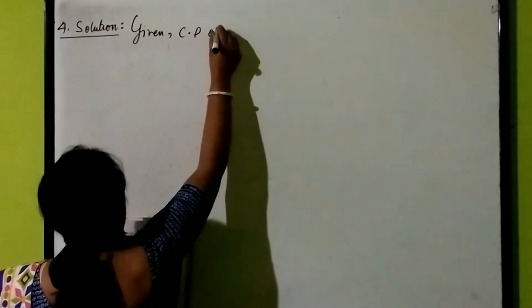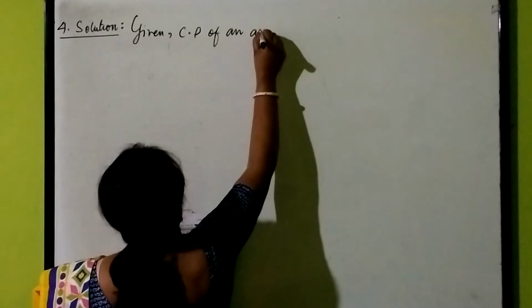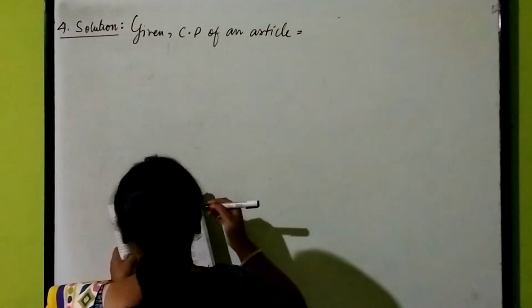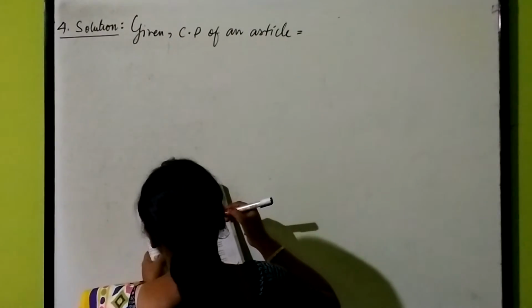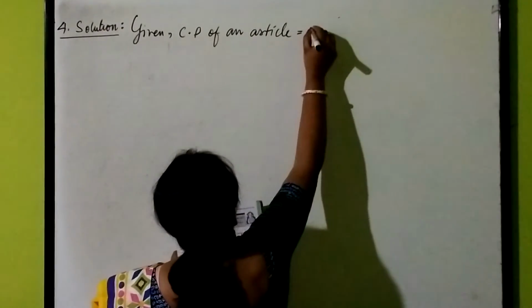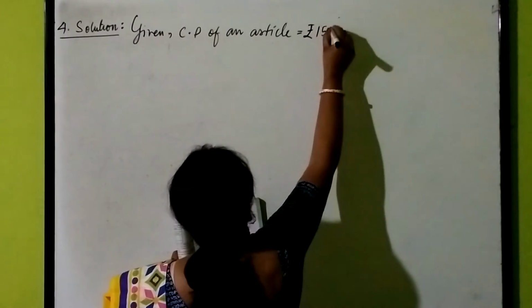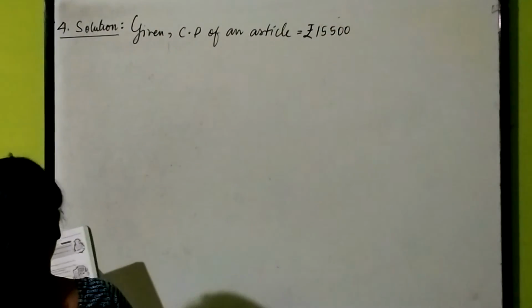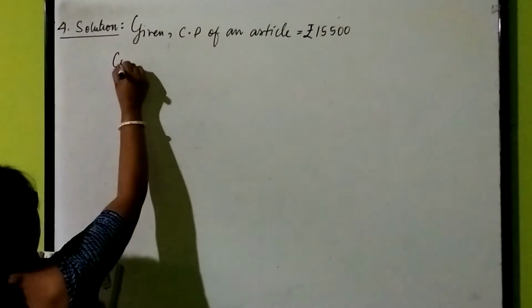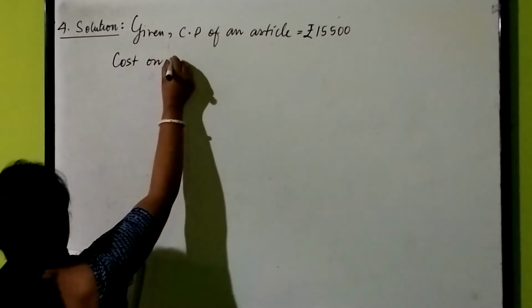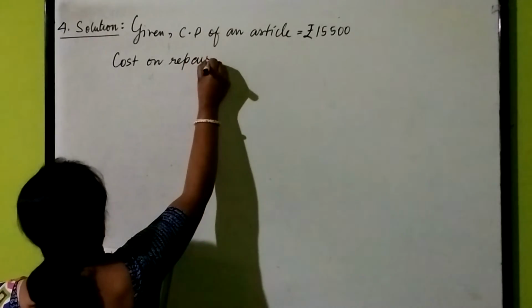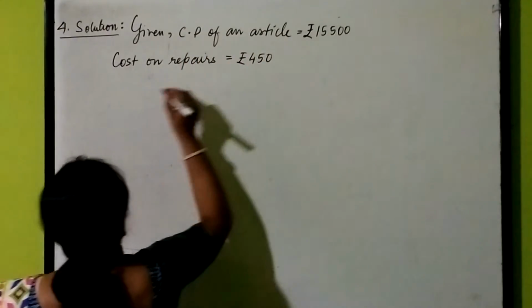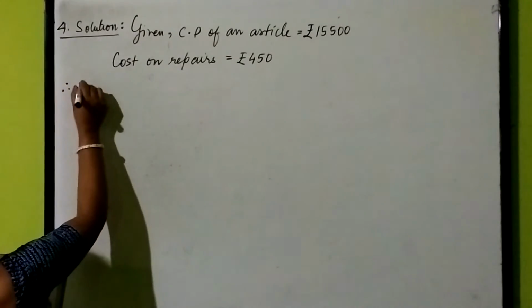CP of an article equal to rupees 15,500. Then next, cost on repairs equal to rupees 450.